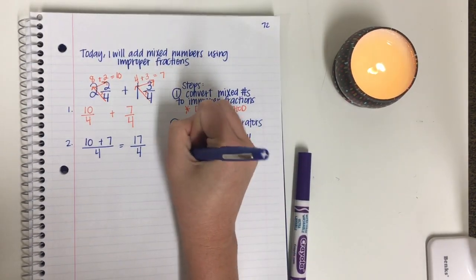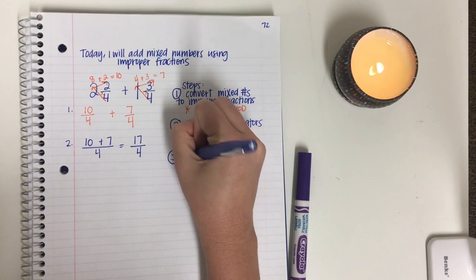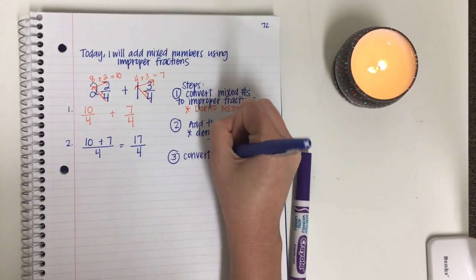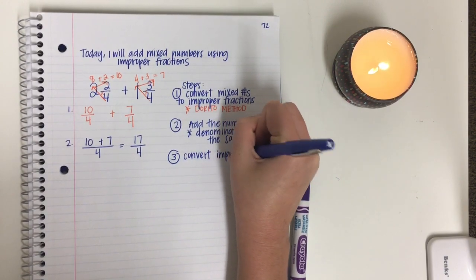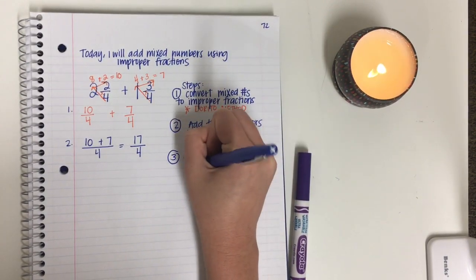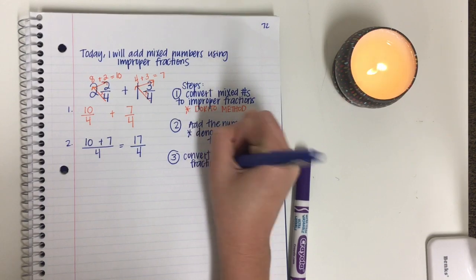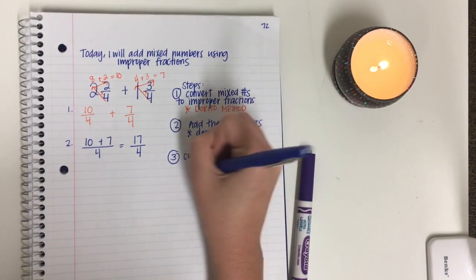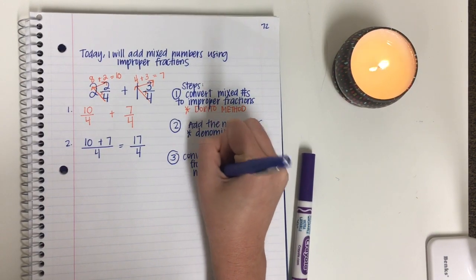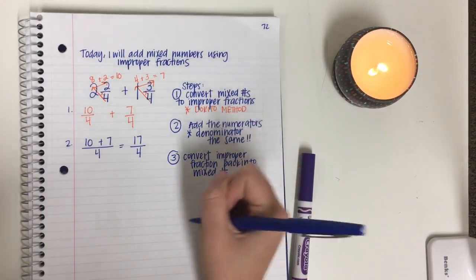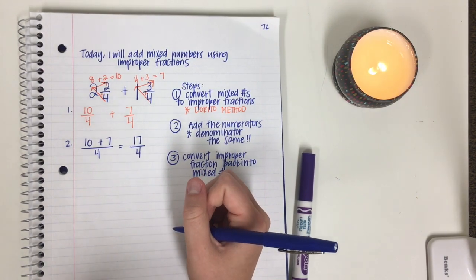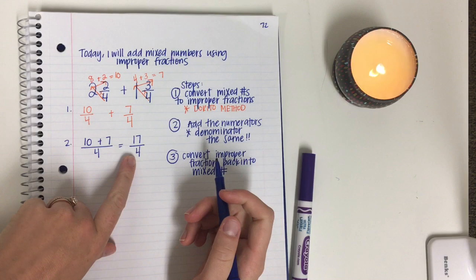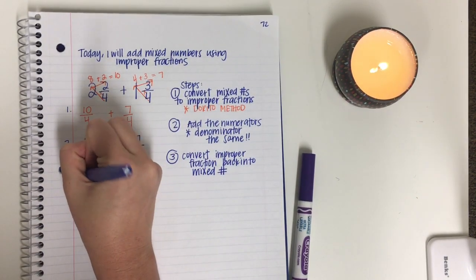Okay, step 3, convert improper fraction back into mixed number. Okay, we know how to do this, right? So how many parts do we have of our whole? We got 4.